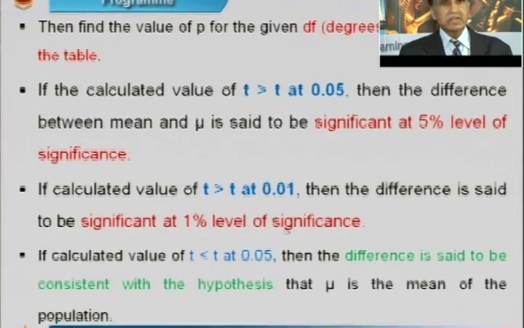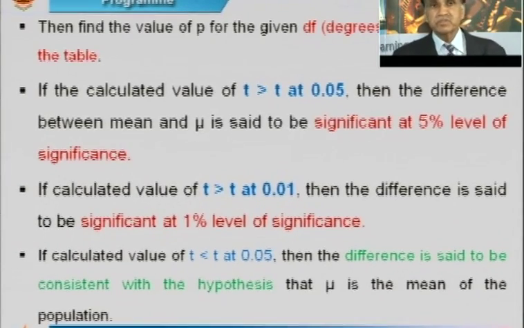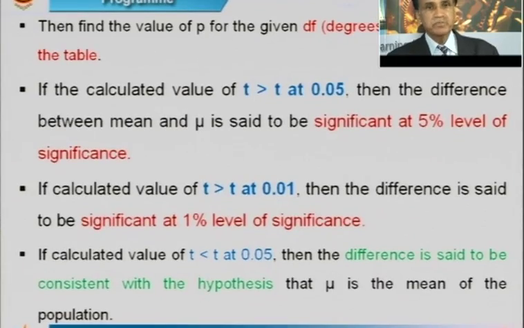If the calculated value of t is greater than the value of t from the table at 0.05, which refers to the 5% level of significance, then the difference between the actual mean and the population mean is said to be significant at the 5% level of significance.